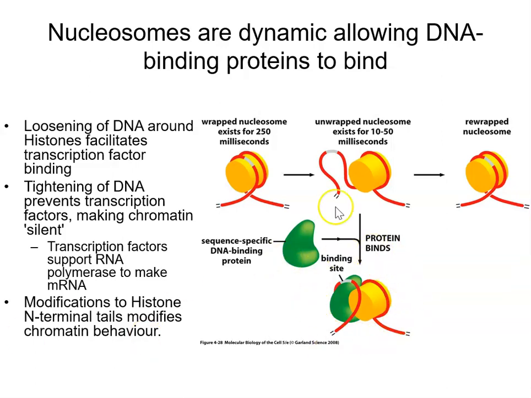Now where we're going to here is modifications to these histone proteins determine how tightly DNA is wrapped around the histones. So we can make modifications to histone 3 in particular that means DNA is tightly wrapped, and that silences gene expression, or we can do other modifications such as acetylations, and they will make the DNA much more loose, and therefore transcription factors can bind.